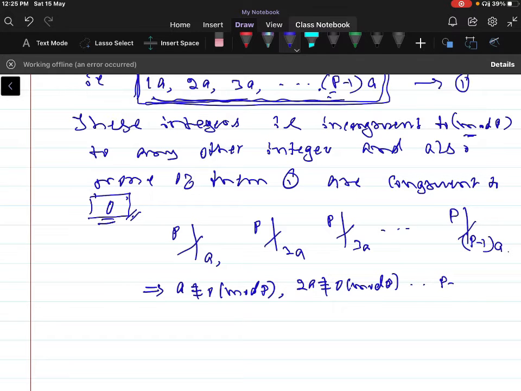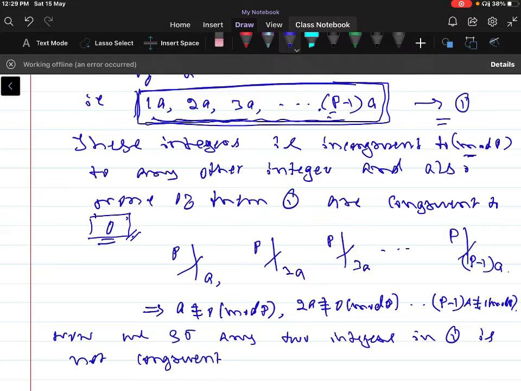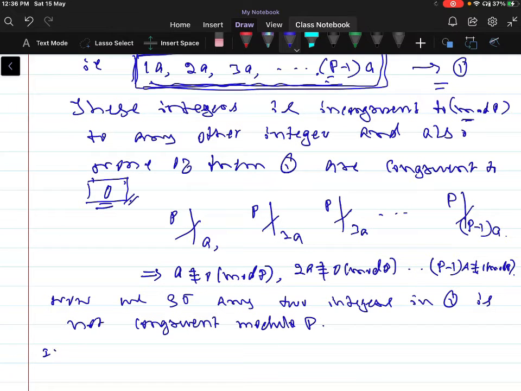So P minus 1 into A is not congruent to 0 modulo P. So now we show that any two integers in equation 1 are not congruent modulo P.